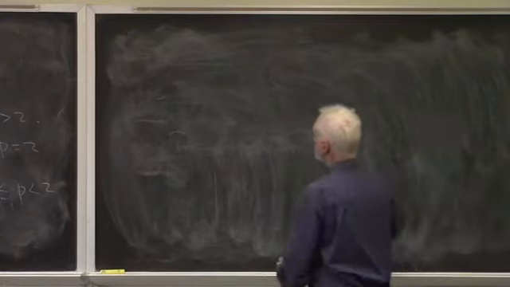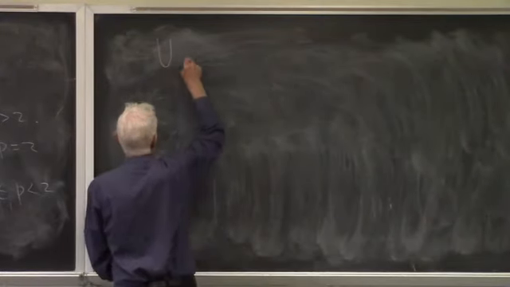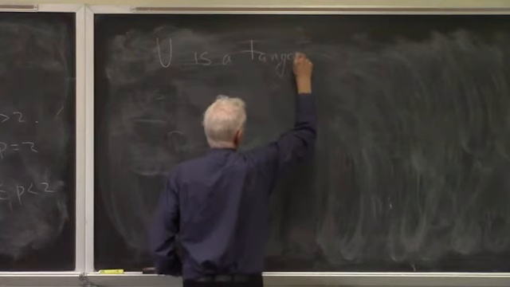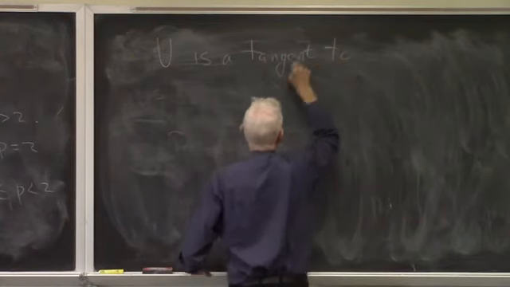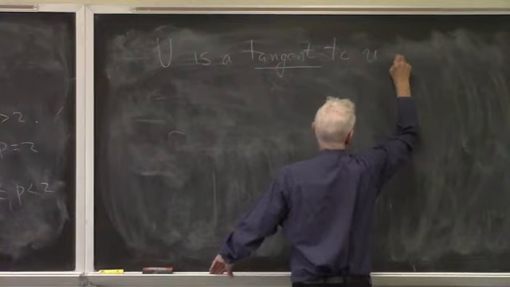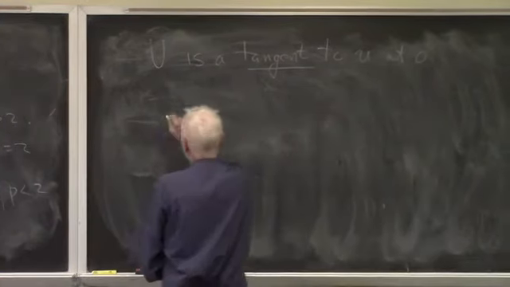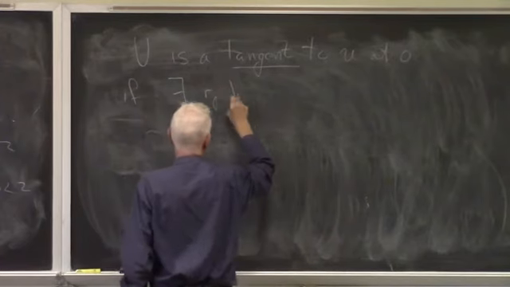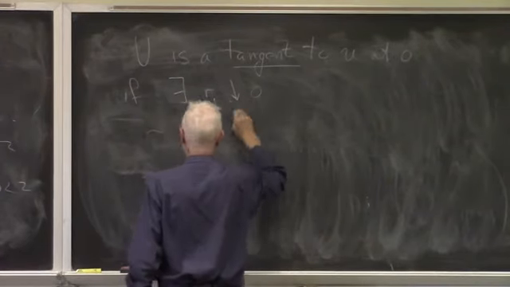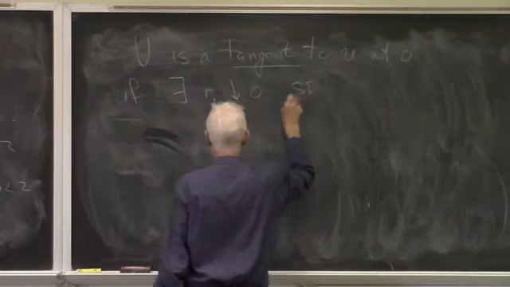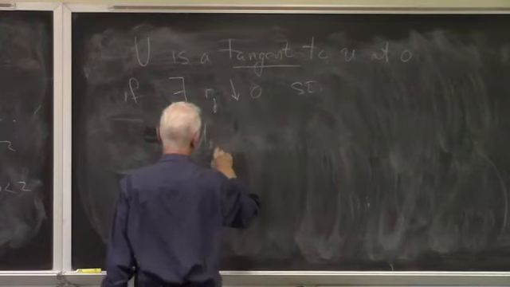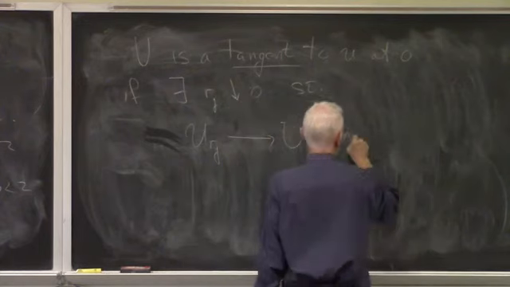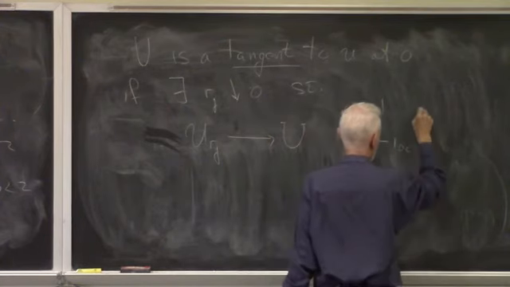And so a tangent: capital U is a tangent to little u at the origin if there exists a sequence of real numbers r_j coming down to 0, with the property that u sub r_j converges to capital U in L^1 loc of R^n.